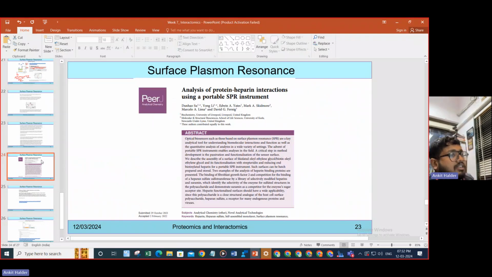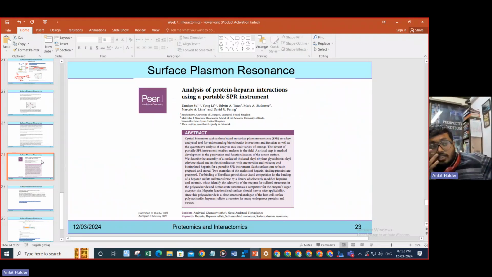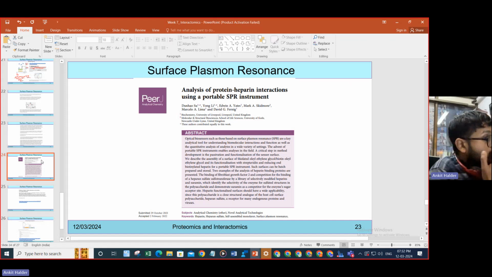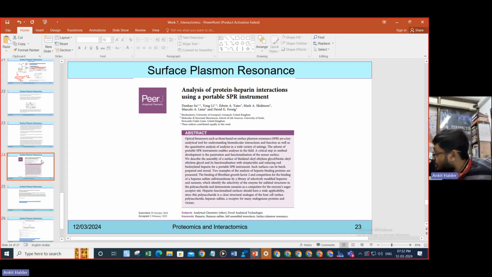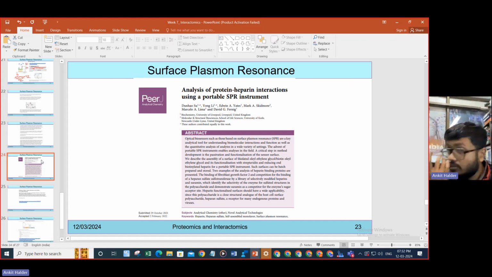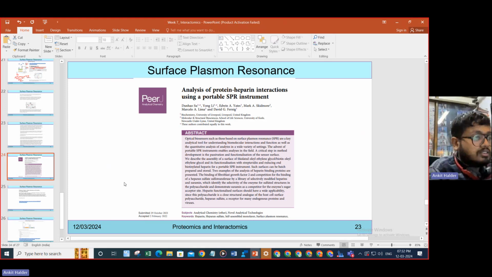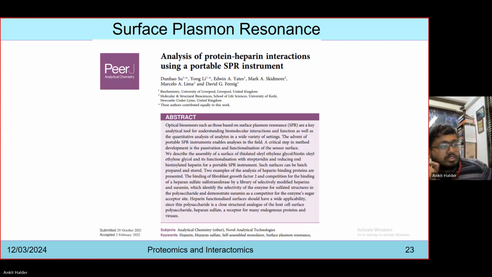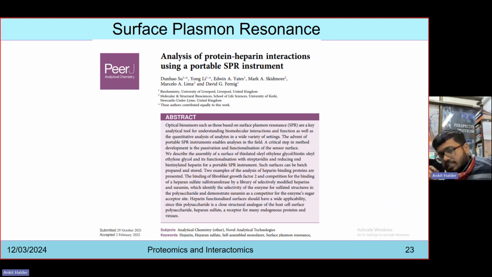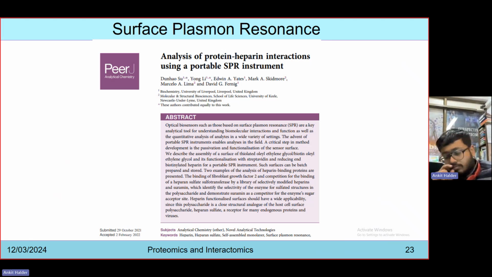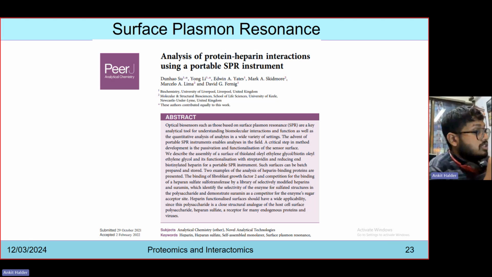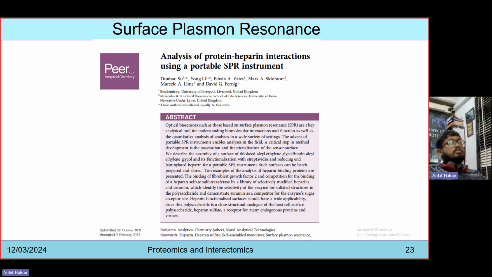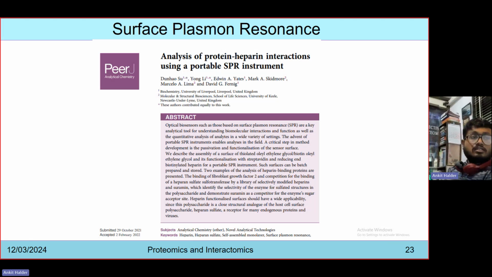So this is the analysis of protein-heparin interactions using a portable SPR instrument, which I had already mentioned. We will be showing one example of how this kind of technique or instrument can be used in a clinical setup to study different interactions.